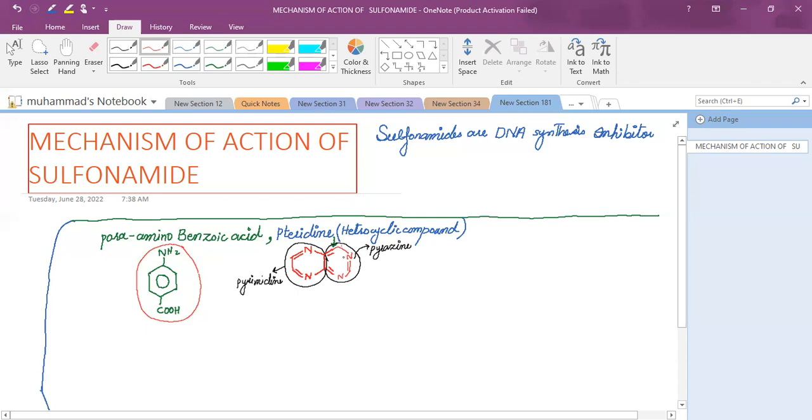Both are 6-membered rings with 2 nitrogens, but the position of nitrogen is different in these two fused compounds. This para-aminobenzoic acid is also called PABA.